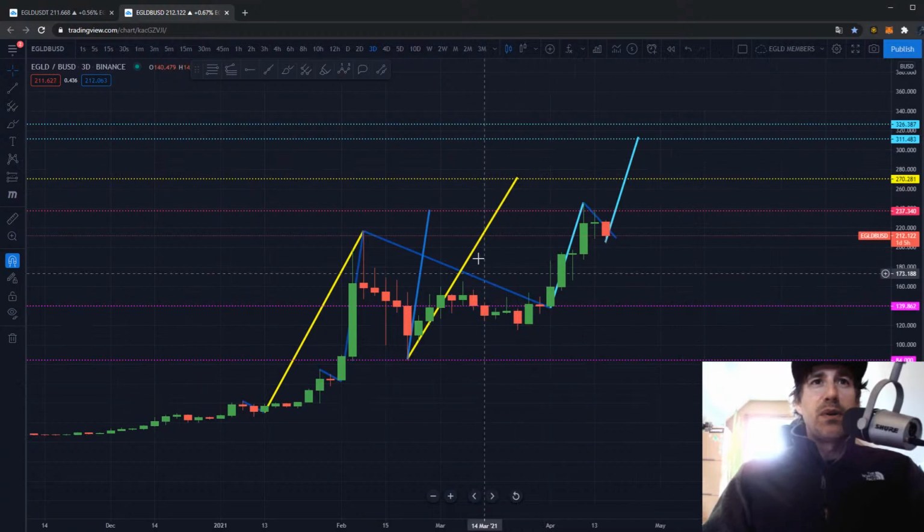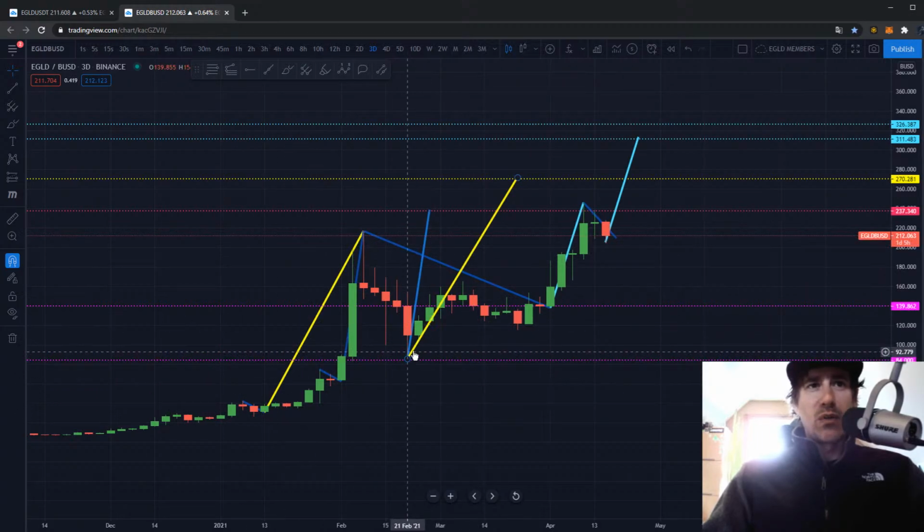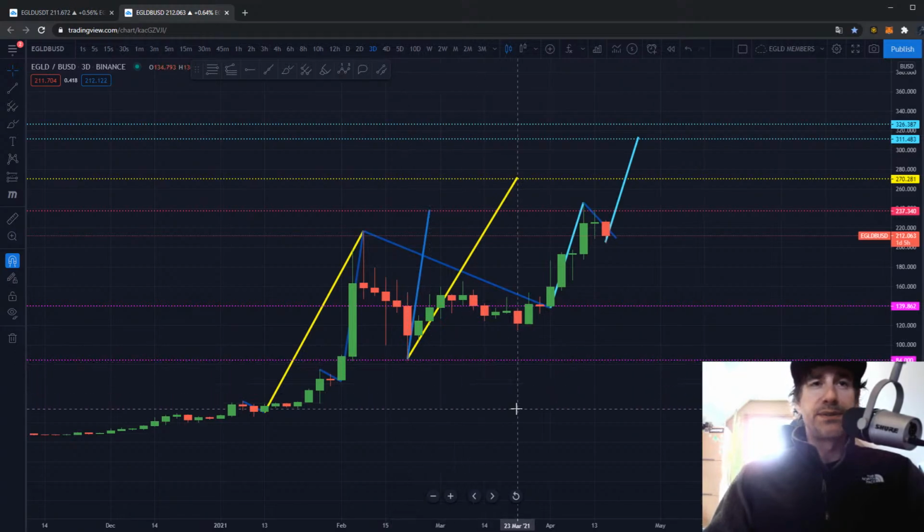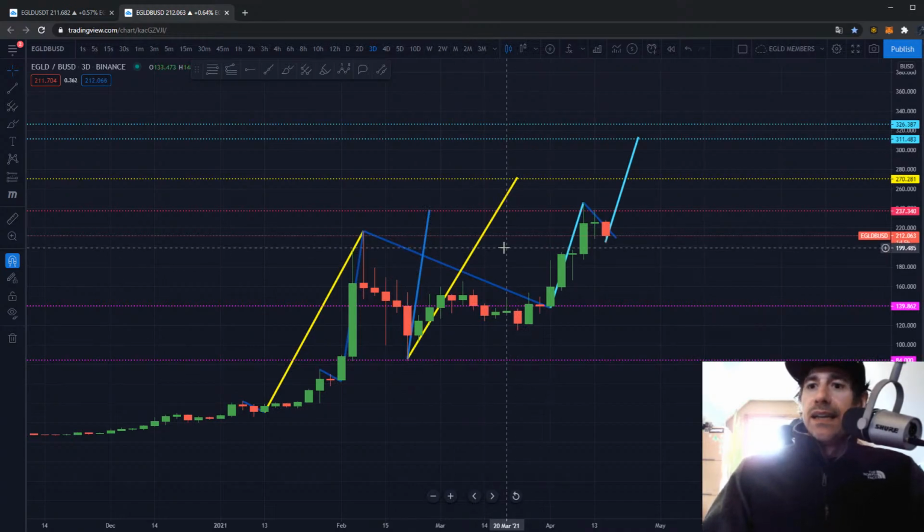I know people are seeing me, and here we have a pole, and I always put the bottom of my pole on the lowest point of the pattern. Some people are asking me why. It's because we don't know where the pattern is going to break out, and I try to anticipate at a minimum where the price can go.